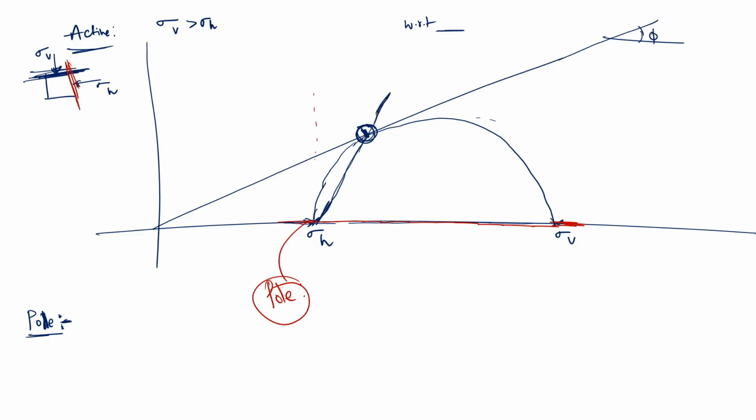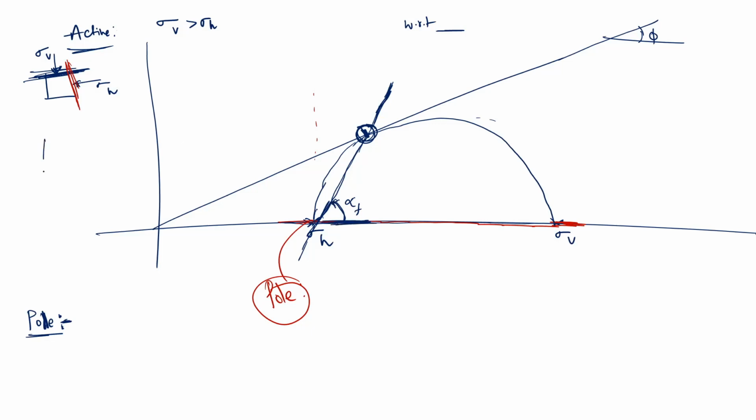So this line will give you the angle of inclination of the failure plane. But the angle of inclination of the failure plane with respect to what? Suppose you are calculating this angle, let us say this is alpha f, the failure angle. So from where have you taken this angle? You have taken this angle from the horizontal line.